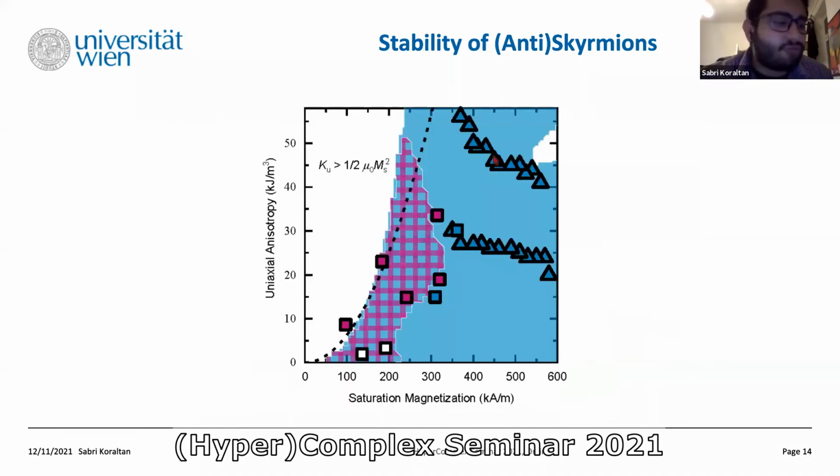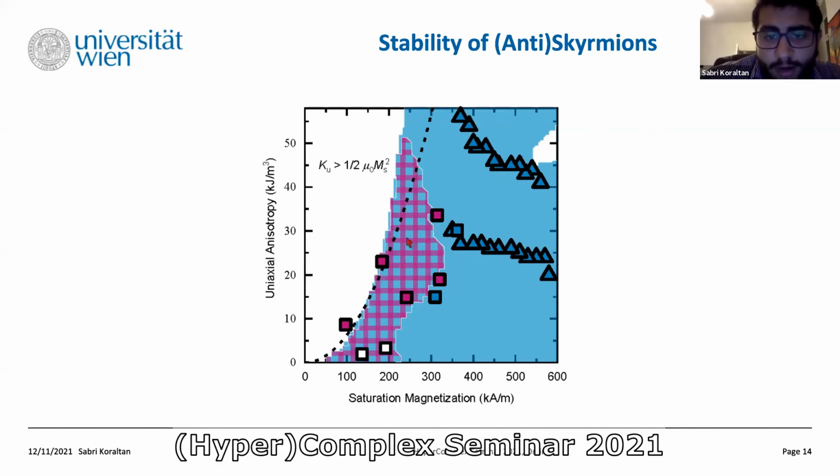Then we put all this information in one phase diagram, and we see the coexistence phase pocket of skyrmions and antiskyrmions. So blue means that we have stable skyrmions, and red would mean that we have stable antiskyrmions, and this region in between, with the, let's say, pink or red lattice, we have the coexistence of these two.